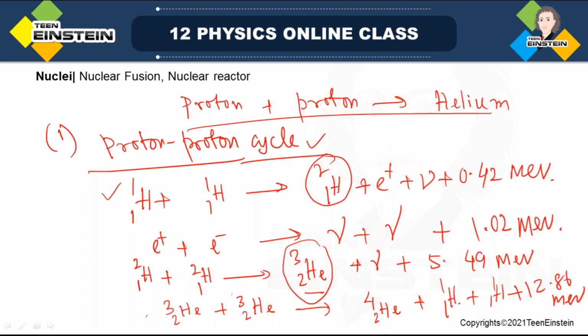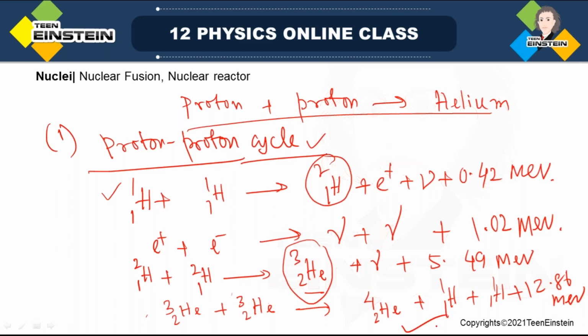The two protons 1H1 are also produced as part of the product, along with 12.86 MeV energy released in this reaction.